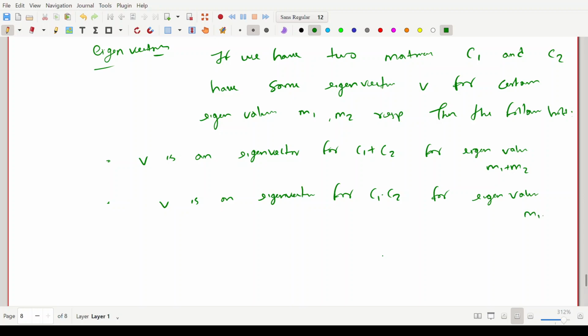What do you mean by this? That means the same eigenvector can work for the product, which is very fascinating, correct? So this looks like the homomorphic properties we would want for the ciphertexts C1 and C2, and the messages M1 and M2 encrypted under V.